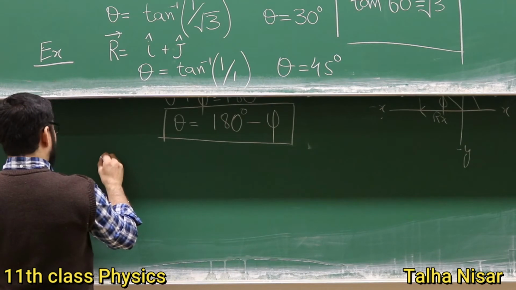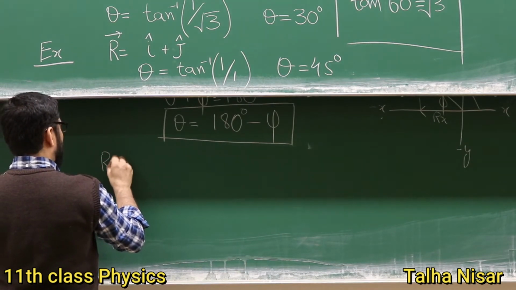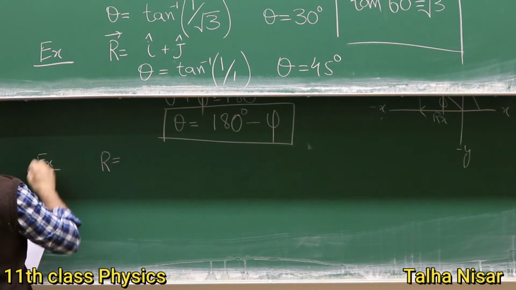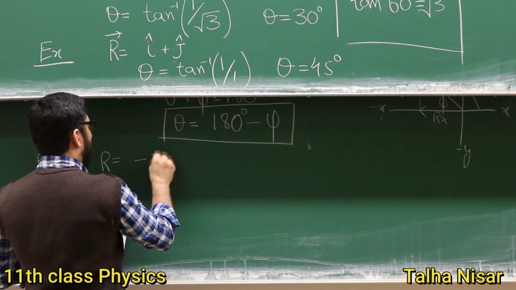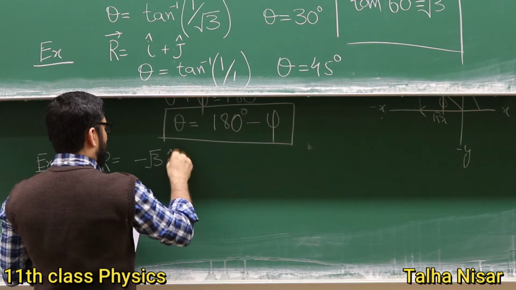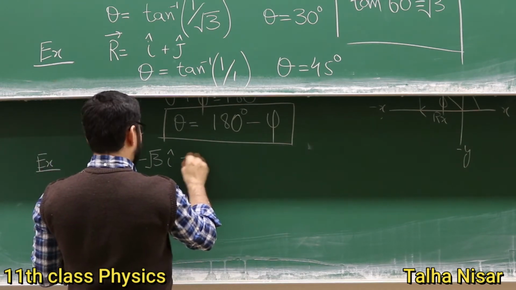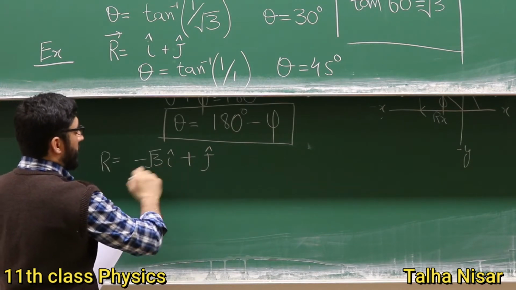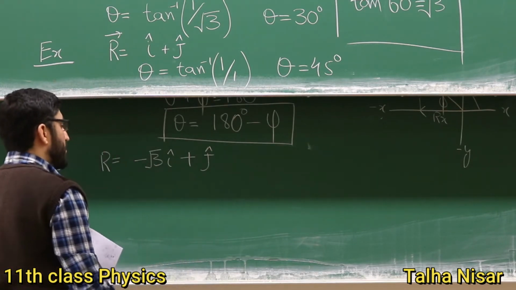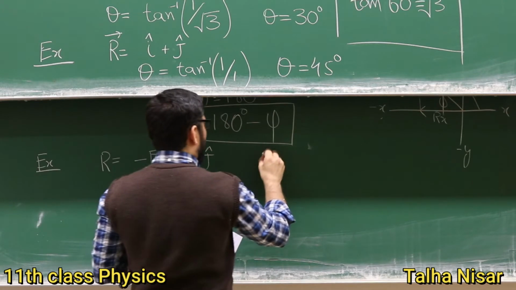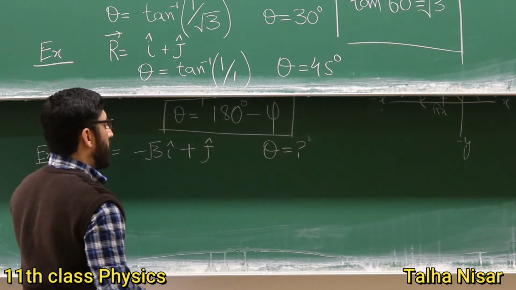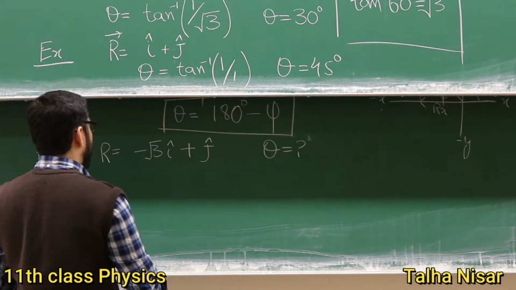So this is the example, if you are asked in an exam: we have minus root 3 i plus 1 j, and we want to know the value of the theta.